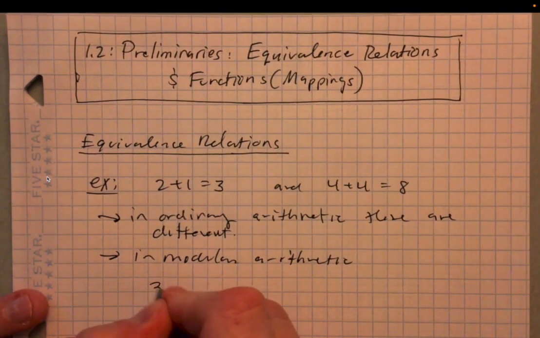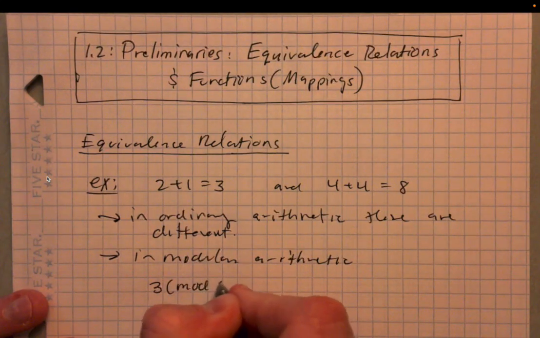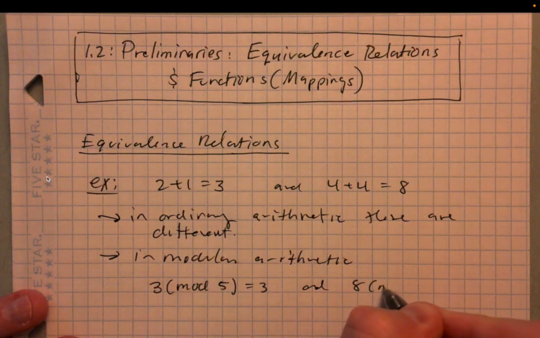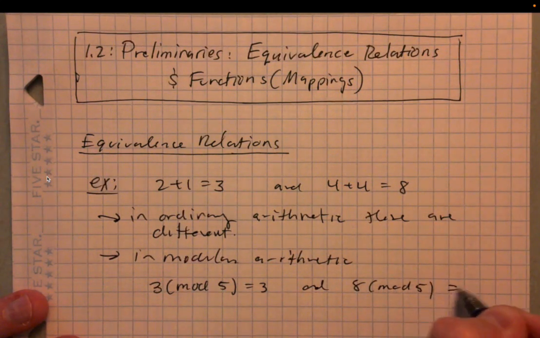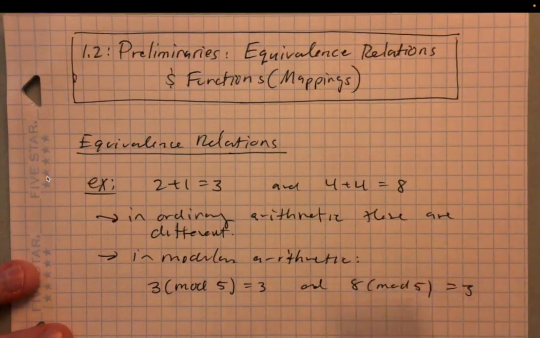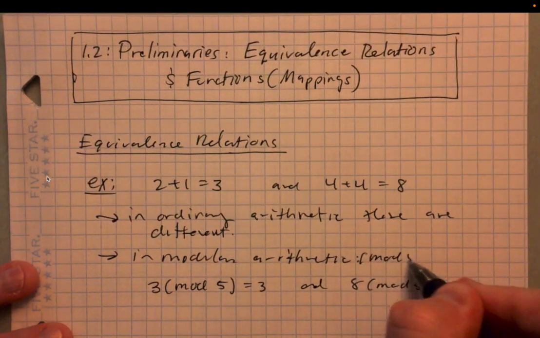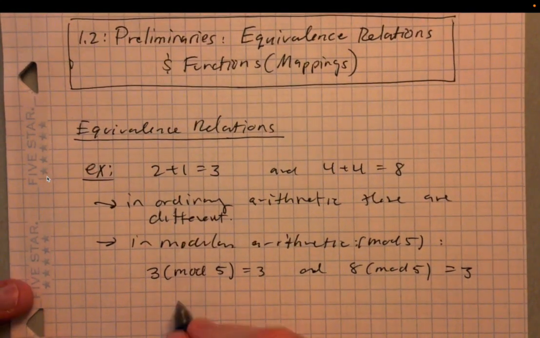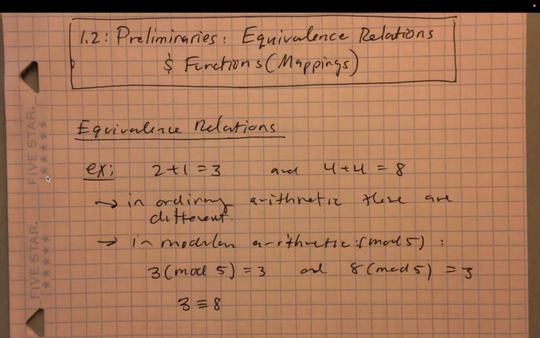So in particular, 3 mod 5 is 3, and 8 mod 5 is 3 as well, right? So in modular arithmetic, mod 5 in particular, 3 and 8 are equivalent. We say that 3 and 8 are congruent to one another, actually.